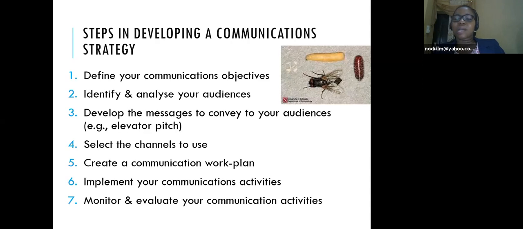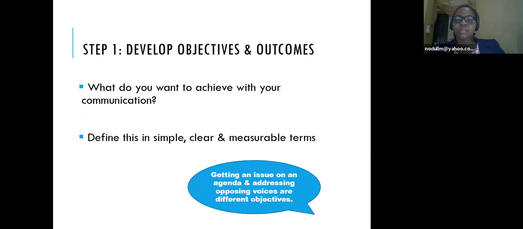We select the channels to use and the format for delivery, and then create a work plan for the communication activity, begin implementation, after which we monitor and evaluate. That way, the communication strategy will be complete for understanding, applying evidence use.